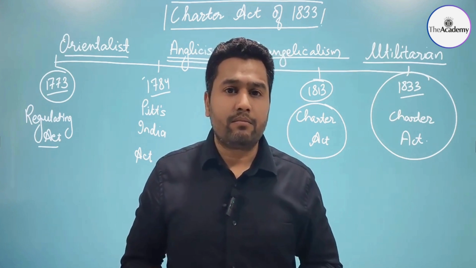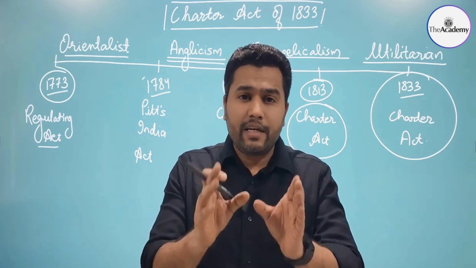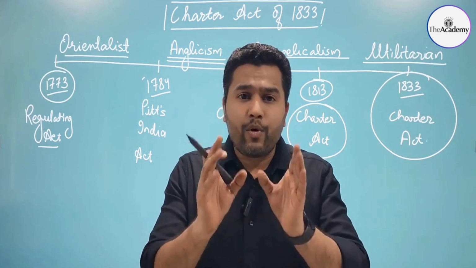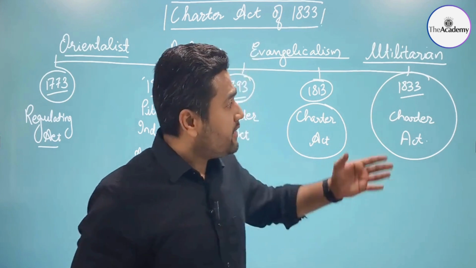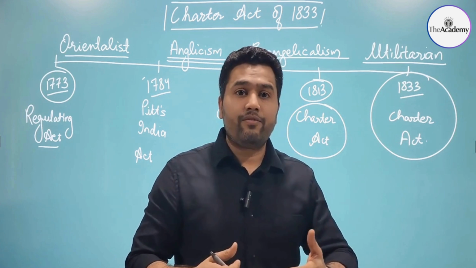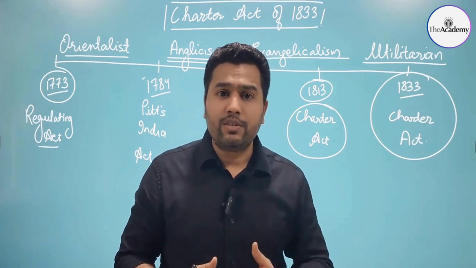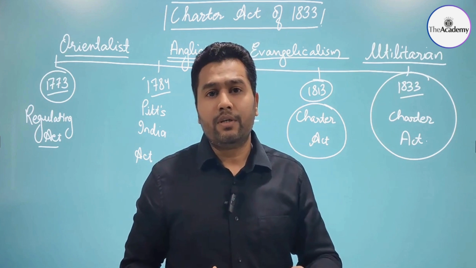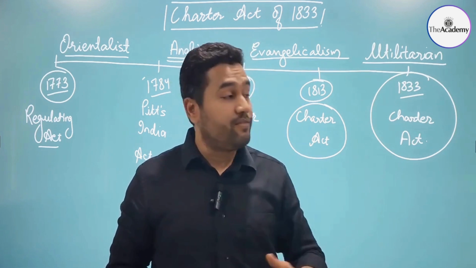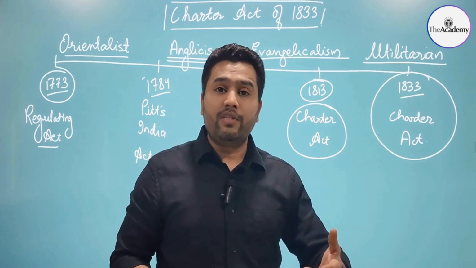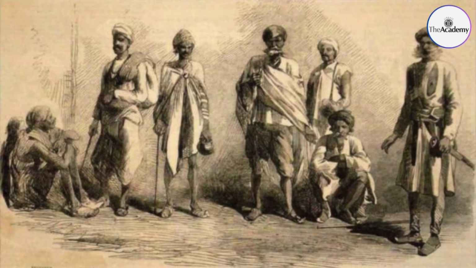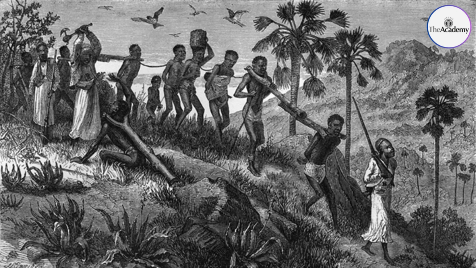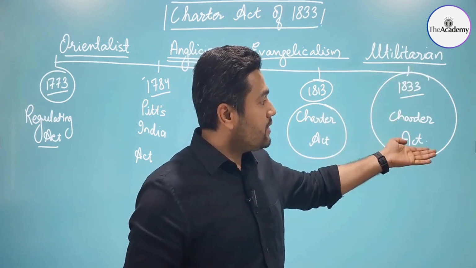And with utilitarianism emphasizing that a state must play a proactive role in initiating reforms, the Charter Act of 1833 itself was characterized by reforms, and it promoted certain ideas of reforms as well. In fact, only after Charter Act of 1833 we will see socio-cultural reforms like abolition of thuggee. There would also be abolition of slavery. So this was all the outcome of the utilitarian principles, which were the basic character of the Charter Act of 1833.